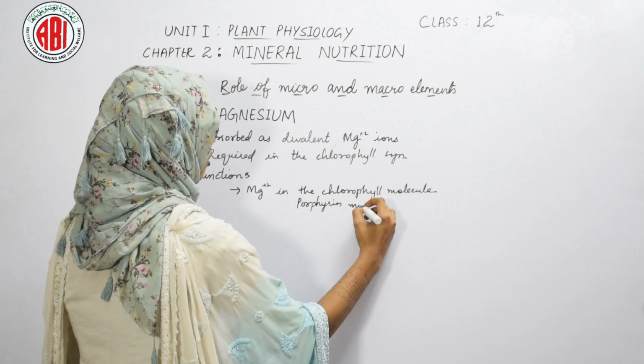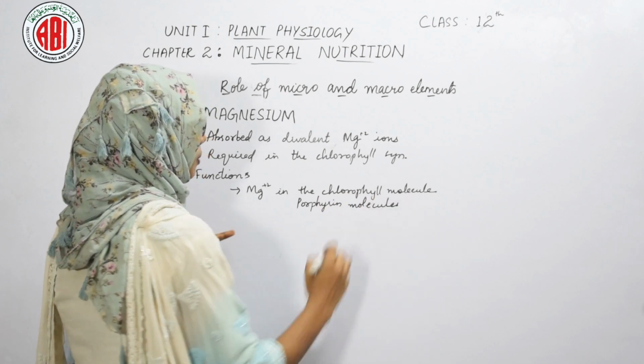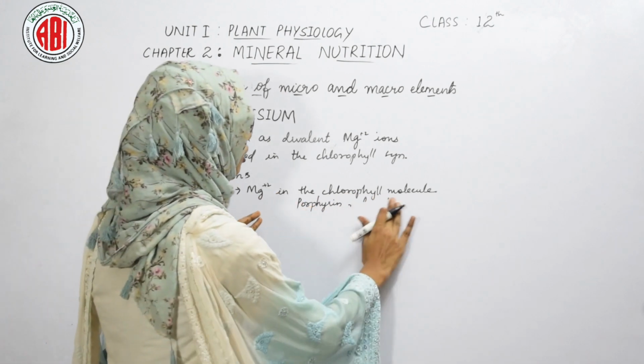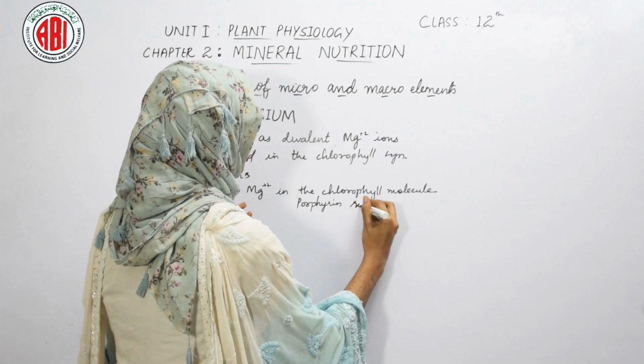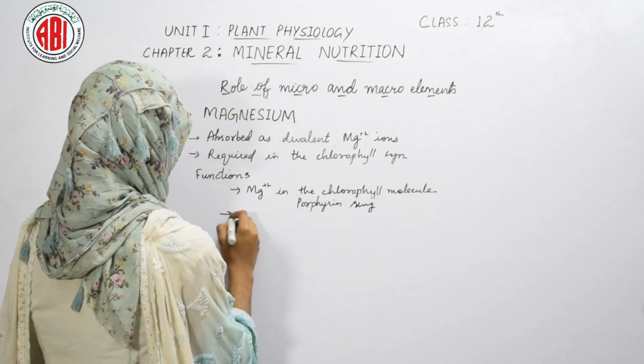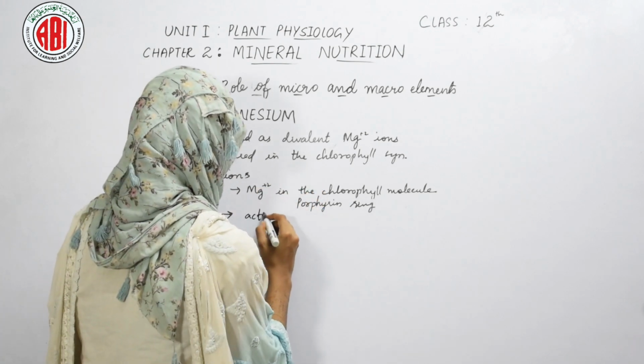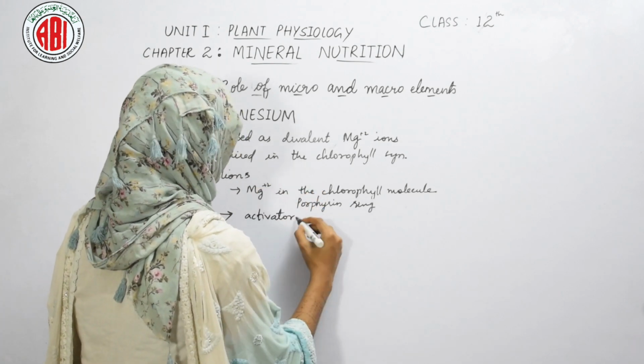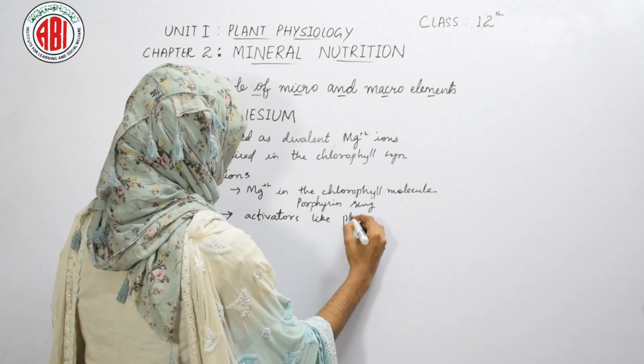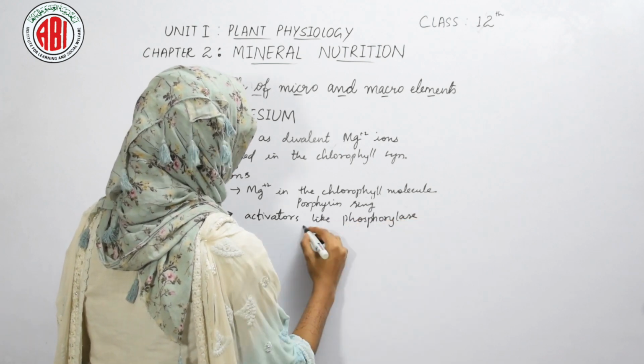The magnesium ions are essential to be present in the porphyrin ring, and they also act as activators for certain enzymes like phosphorylase and carboxylase.